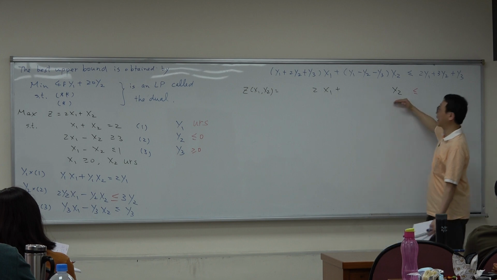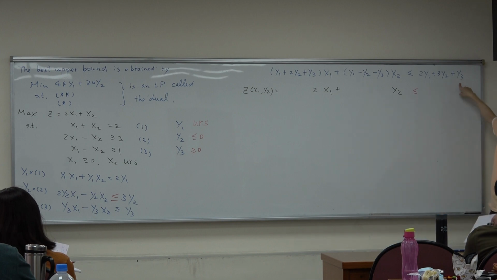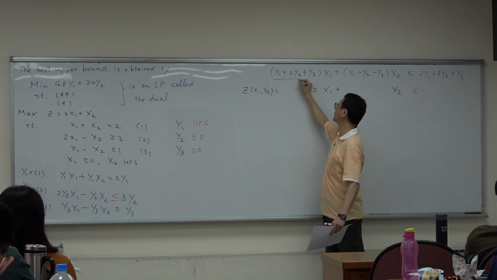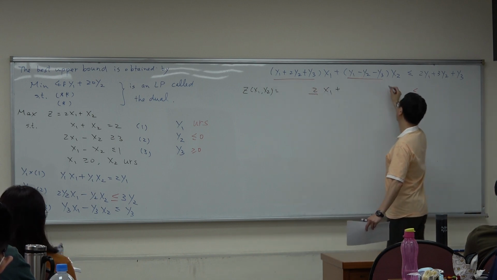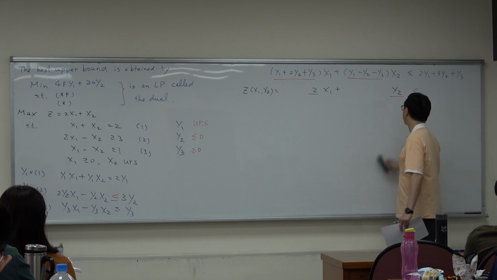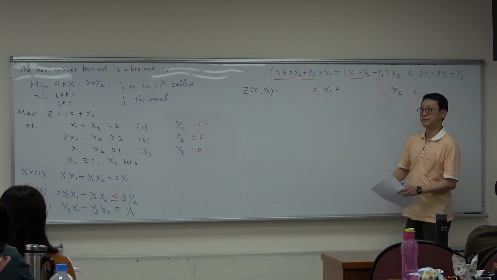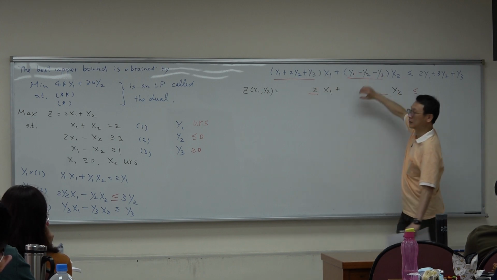2x1 plus x2 will be less than or equal to 2y1 plus 3y2 plus y3. The relation is that I need to guarantee the relation between these two and these two, right?